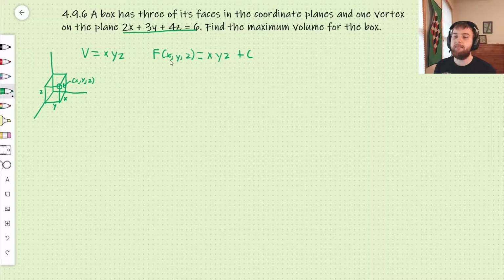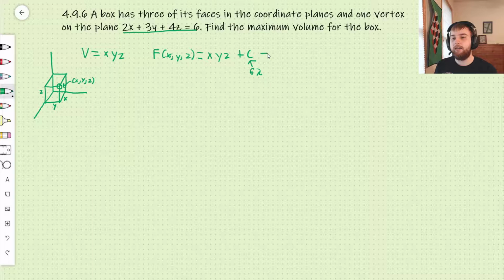This is going to have a maximum value at the same point as our volume function would. It's going to be a different maximum value, but the point at which the maximum value occurs is not going to change. This c here is arbitrary, but we're going to think of it as 6 lambda.